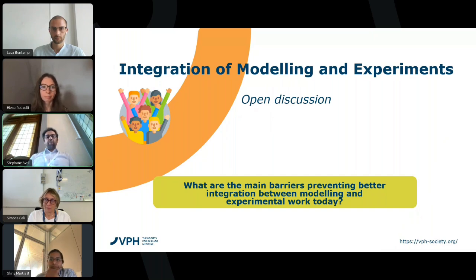I think the point of the clinical data was also well taken, that it's a different type of experimental data than the ones that are in the lab. And I believe that clinical data are usually not directly connected to what we model.